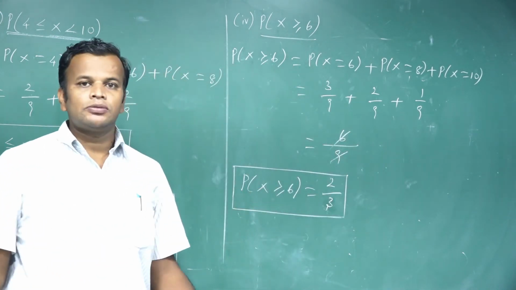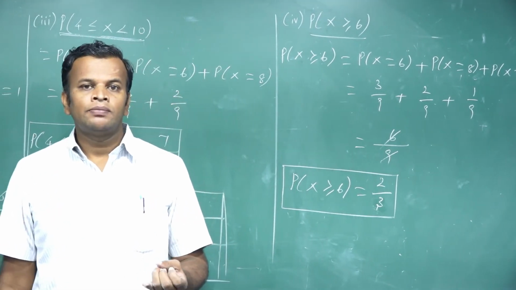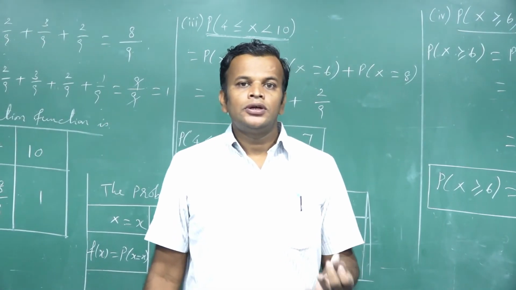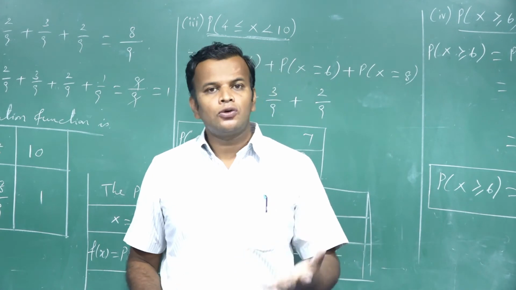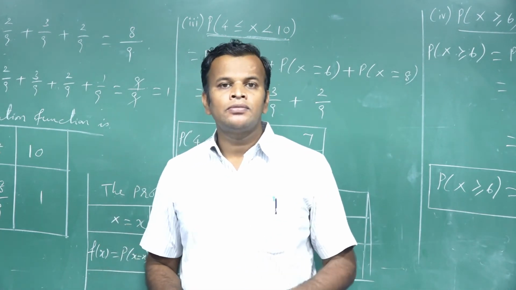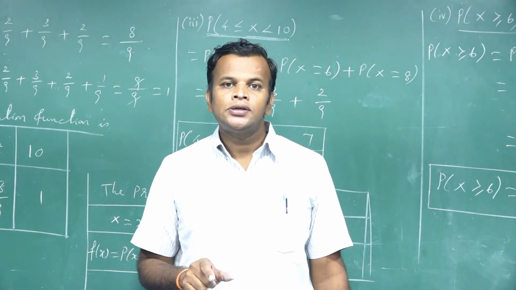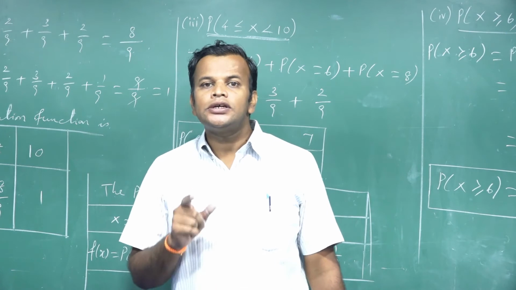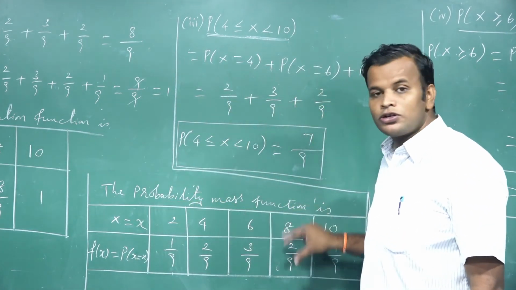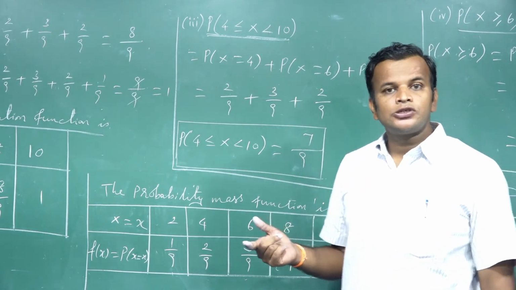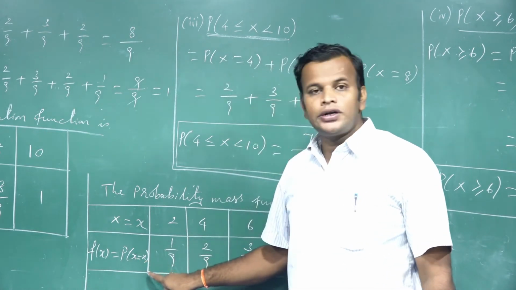So we have found the fourth subdivision also. Now the first subdivision is to find the probability mass function. The second one is the cumulative distribution function. 3 and 4 are to find some probability values. To find a probability mass function or cumulative distribution function, what is the first step? To find the values of the random variable. The next step is to find the probability of each and every random variable. Then we form a table. The name of the table is the probability mass function. The symbol of the probability mass function is small f of x, or P of capital X equal to small x.